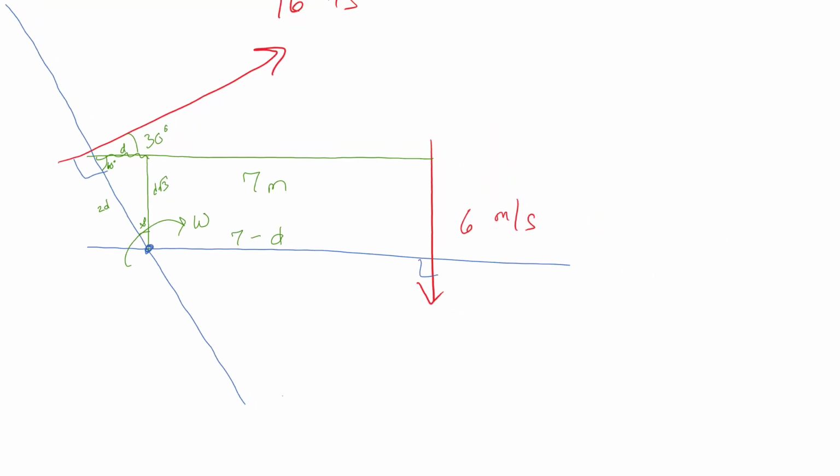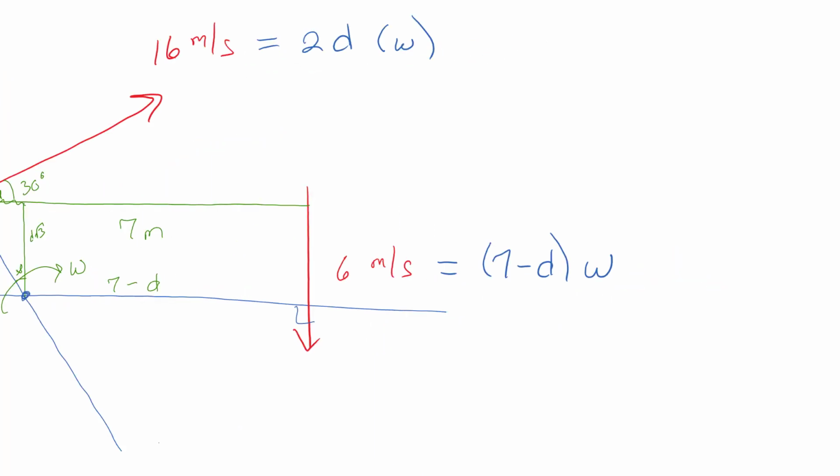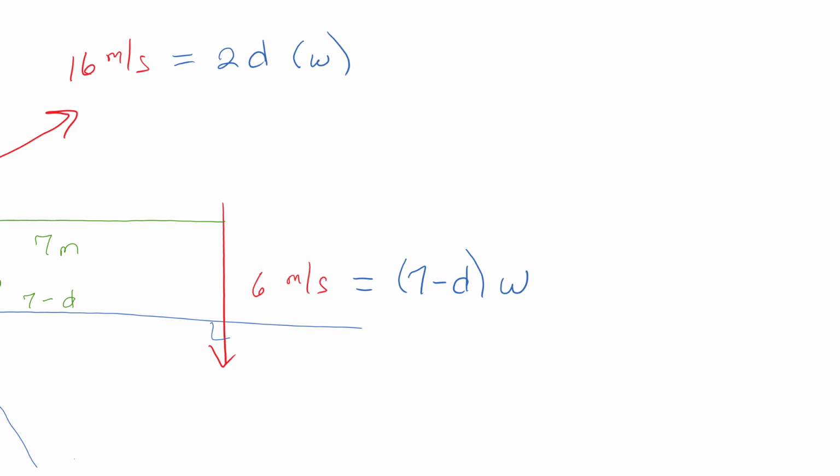Okay, so the 16 is 2d away, and the rotation is omega. The 6 meters per second is 7 minus d away, and it's also going omega radians per second. So I've got that 16 is equal to 2 d omega, or 8 is equal to omega d.